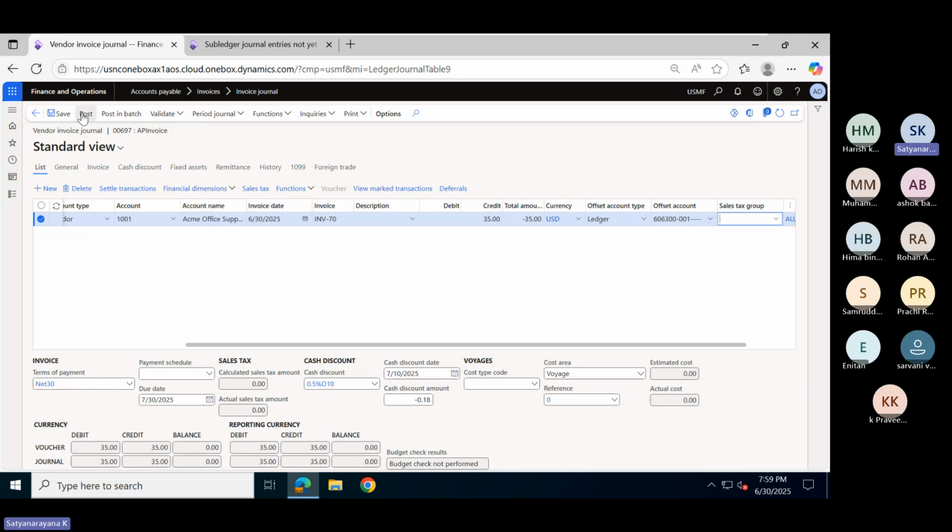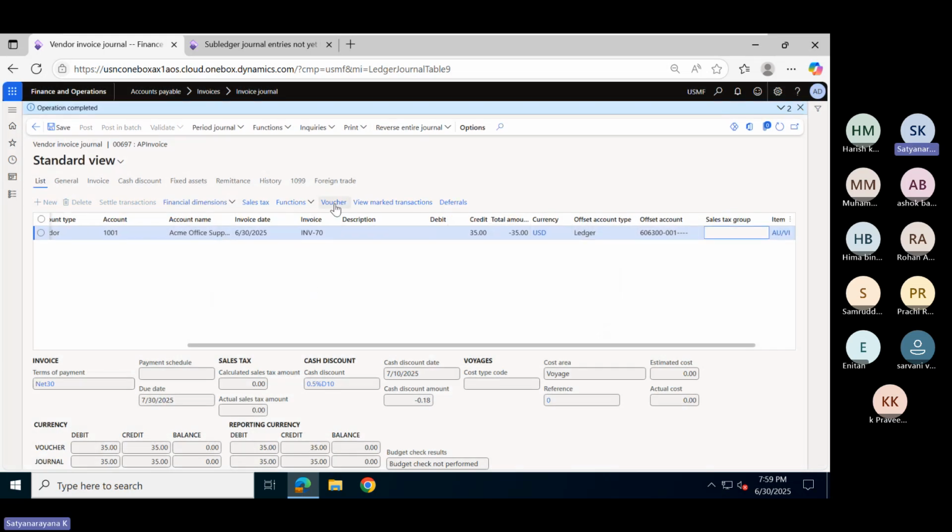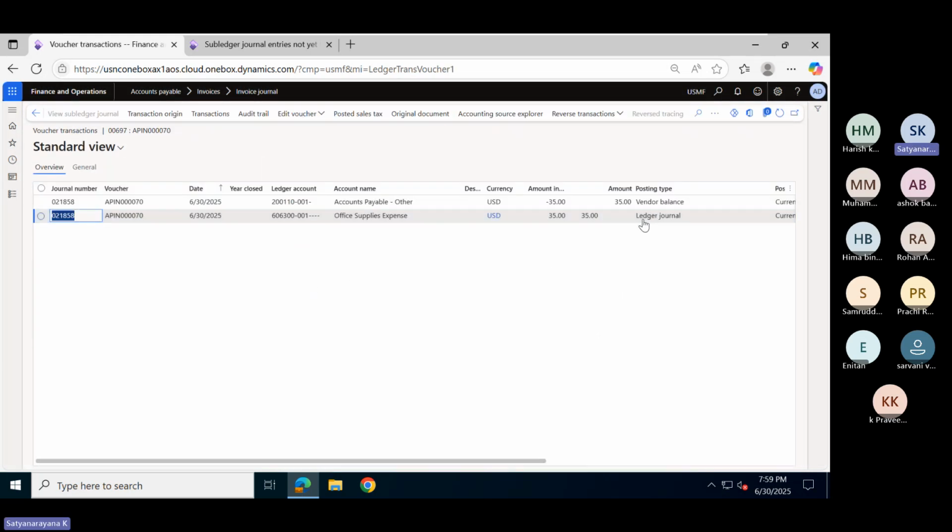So I'm posting now. Now you can see the voucher here. Expenses account debit to, this is office expenses, expense account debit to vendor account credit.